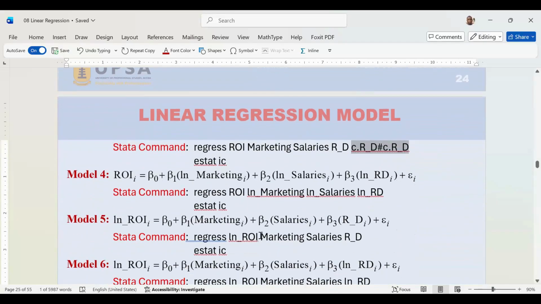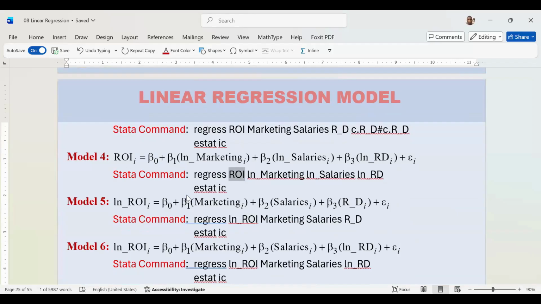Then we run the fourth model, where we take the logarithmic transformation of marketing, salaries, and R&D and maintain the dependent variable, ROI. We run that model as well. Now, what is the fifth one?